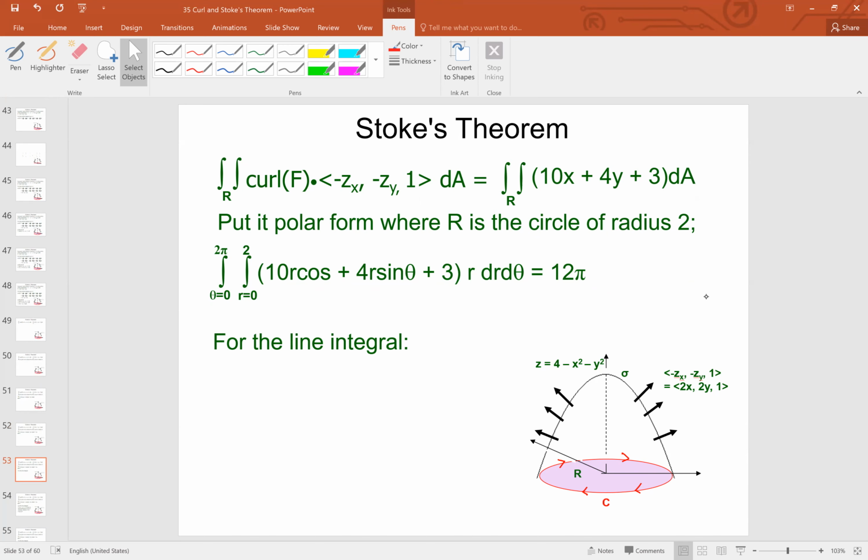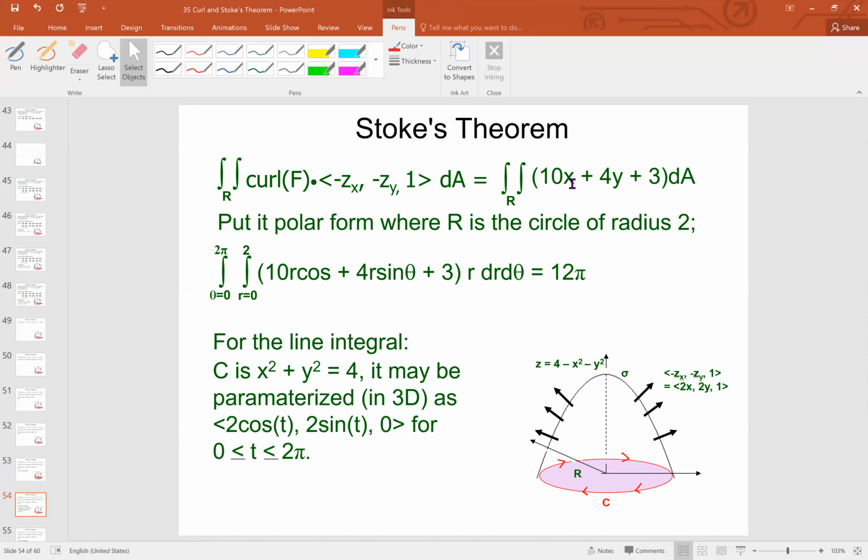Here are the line integral calculations. We forget about all the surface up there and just look at this circle going around underneath, with the vector field F from before. So we have to parameterize the circle.